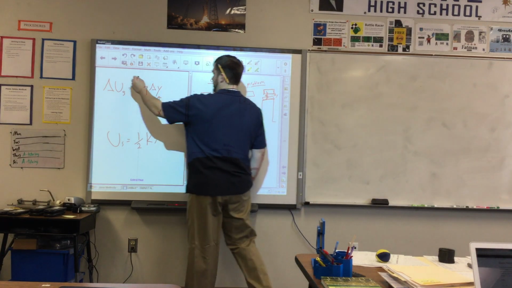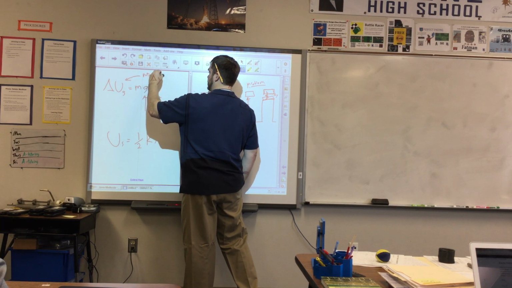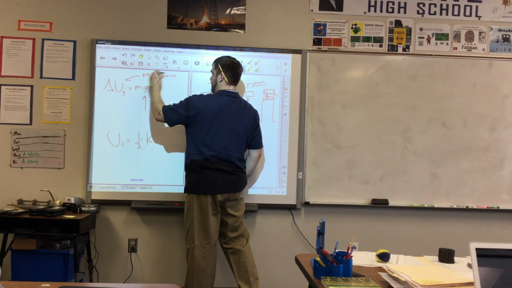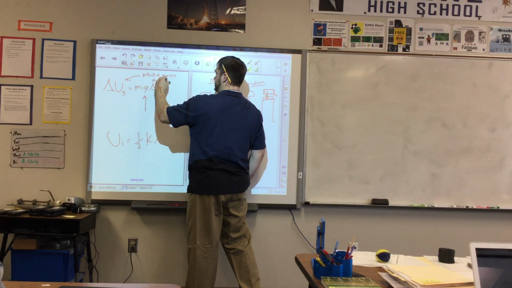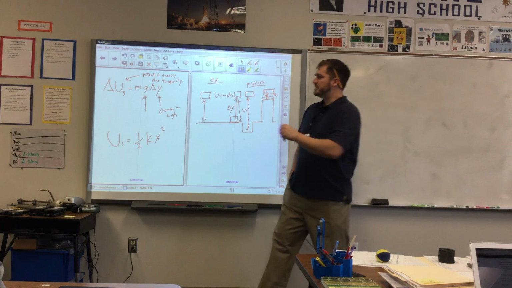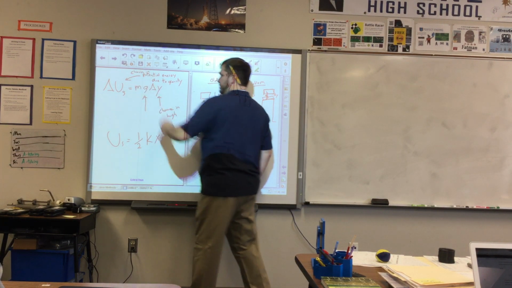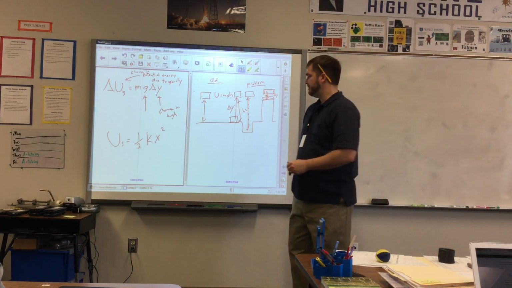So it's very clear to make sure that we understand this is the potential energy due to gravity. And it's not just potential energy, this is the change in potential energy due to gravity.